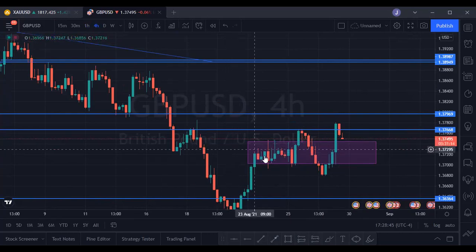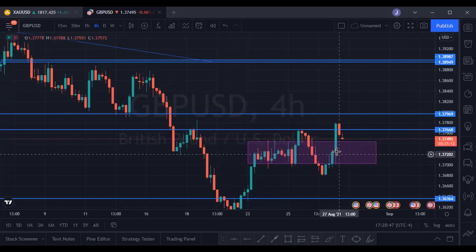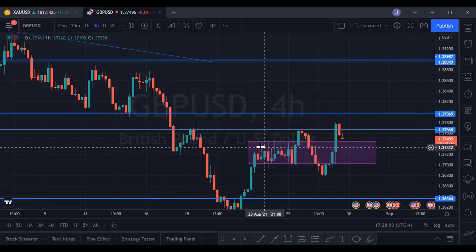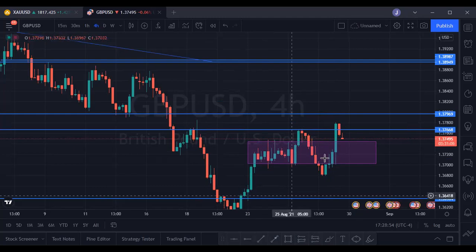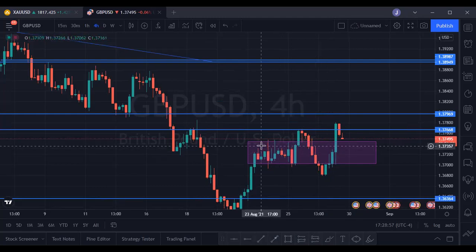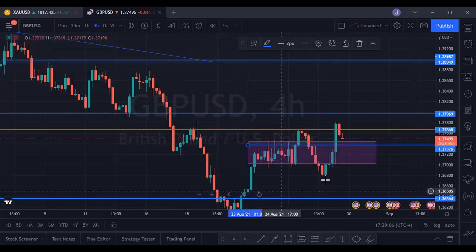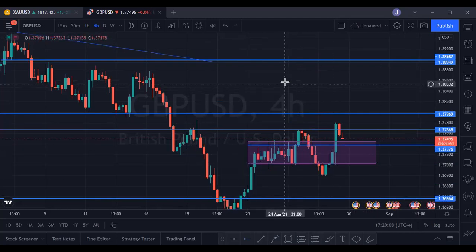Now we'll be expecting price to come 70 to 80% of this candle, which is this point. Let me put a horizontal line there. I'm expecting it to get to this point, then create a rejection and continue going up. That means we'll be expecting something like this to this point, then up to here.